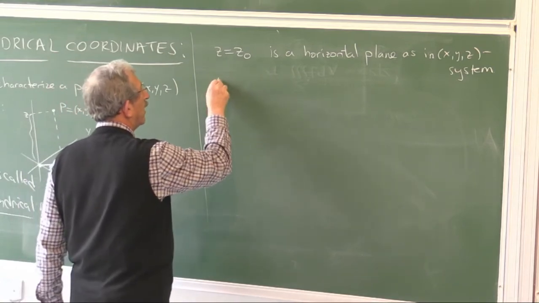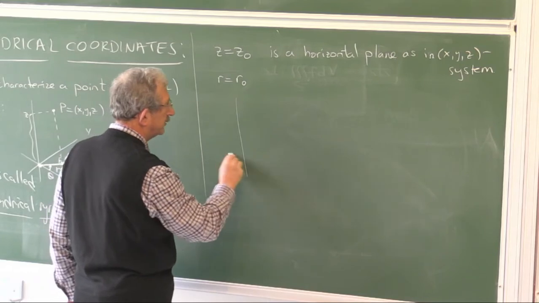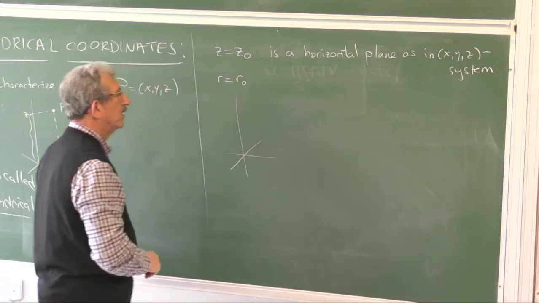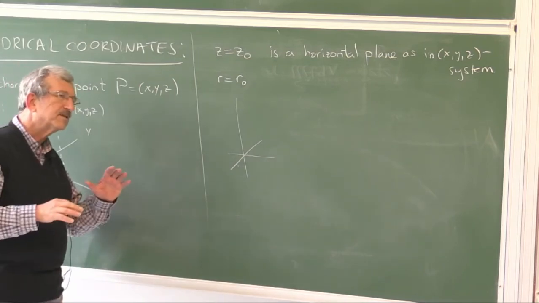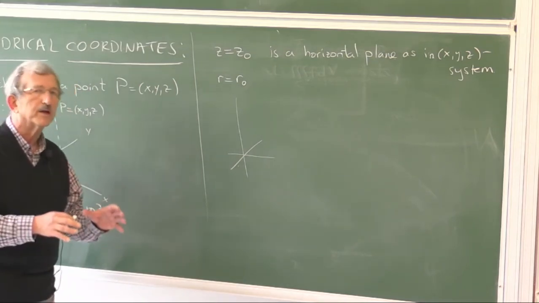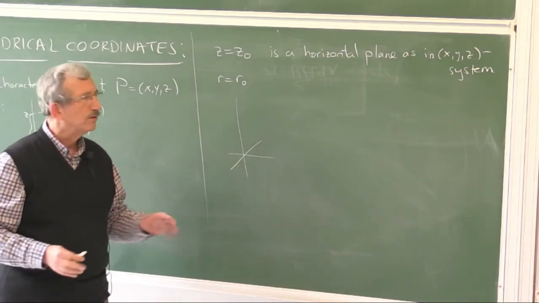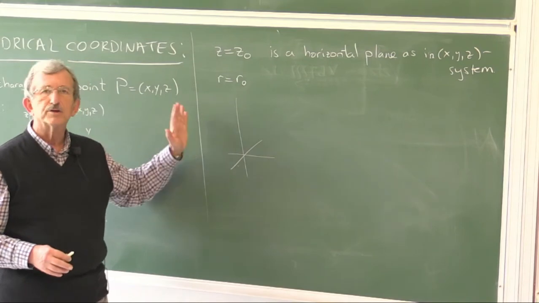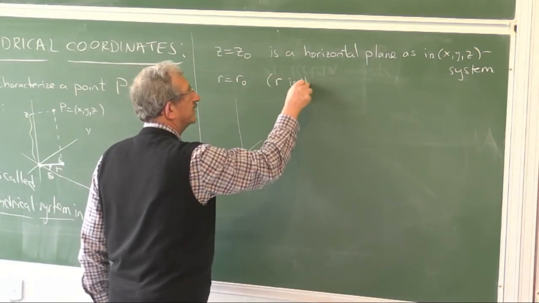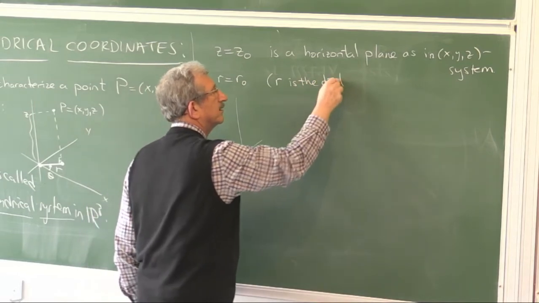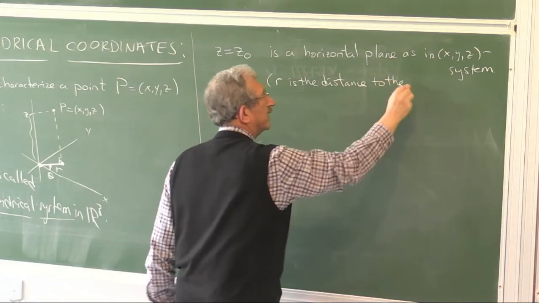When R is constant, what do we get now in 3 space? Okay. Now, R is the distance of the projected point on the xy plane from the origin, or in short, it's the distance of the point to the z-axis.